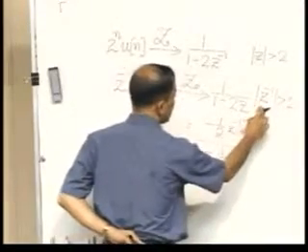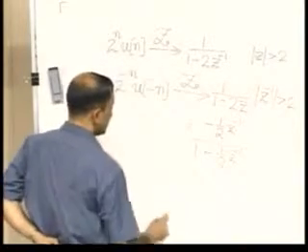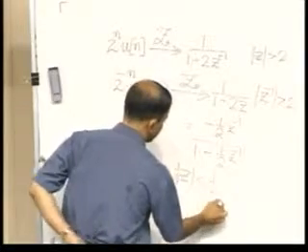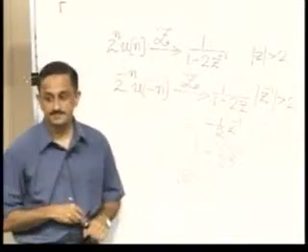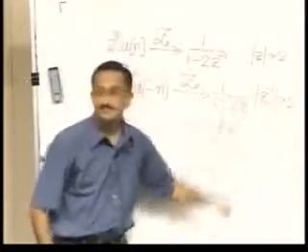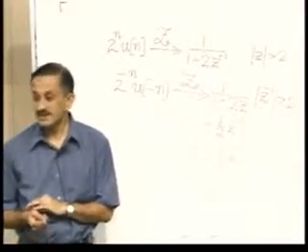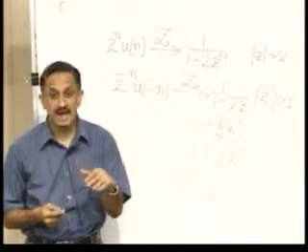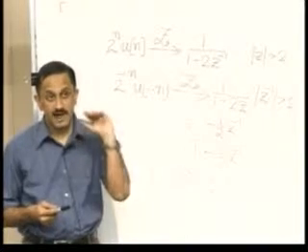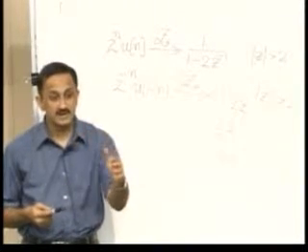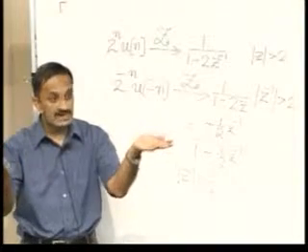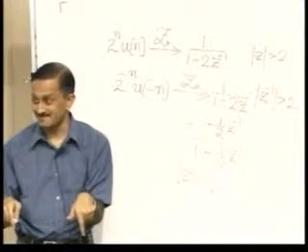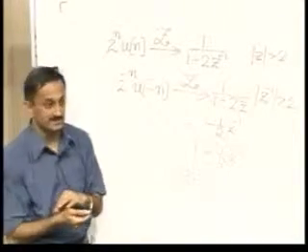Now, you see, mod z inverse greater than 2 means that mod z is strictly less than half. Now, note what happens to the region of convergence. Two things happen. The region of convergence was to the exterior of the circle, and now it is to the interior of the circle, half, not the same circle, right, not the same circle.